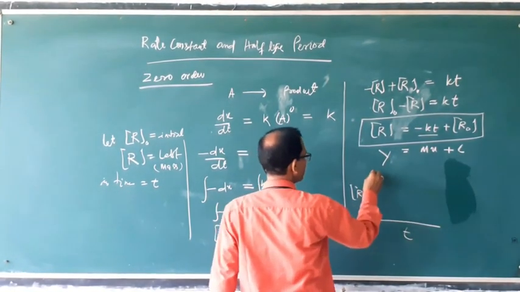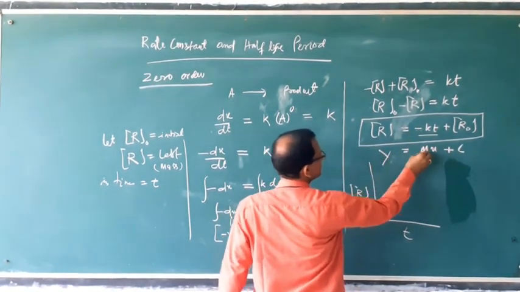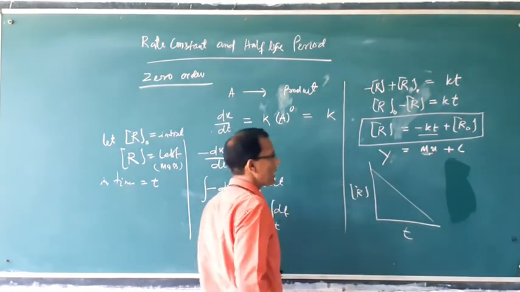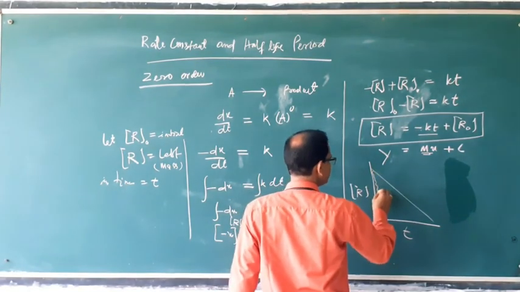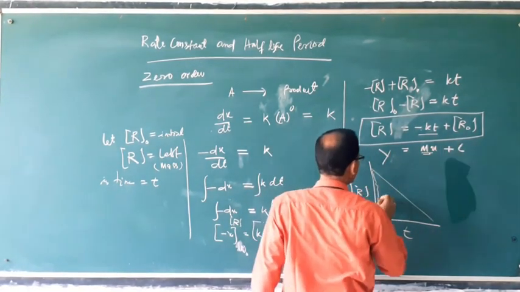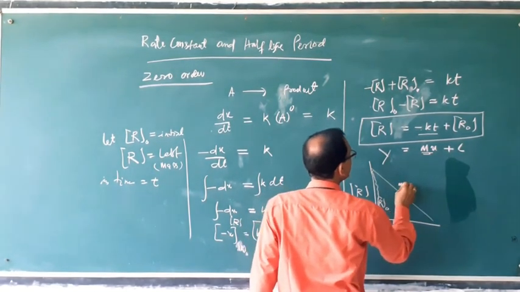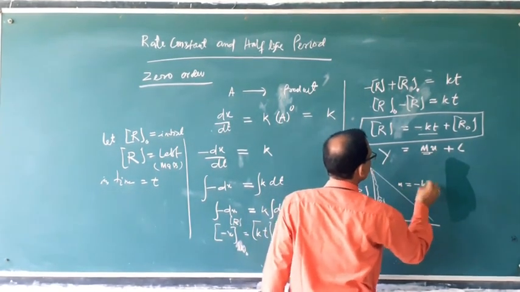So the slope m is negative, the graph will be like this, and this intercept is R0, and the slope m is equal to minus k.